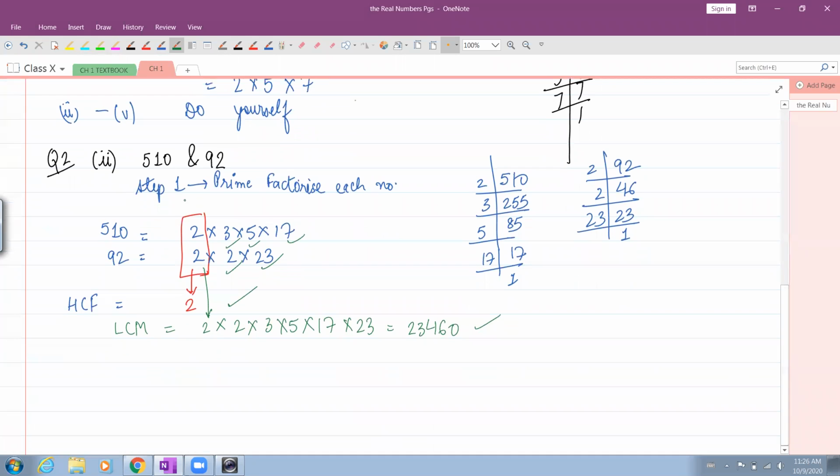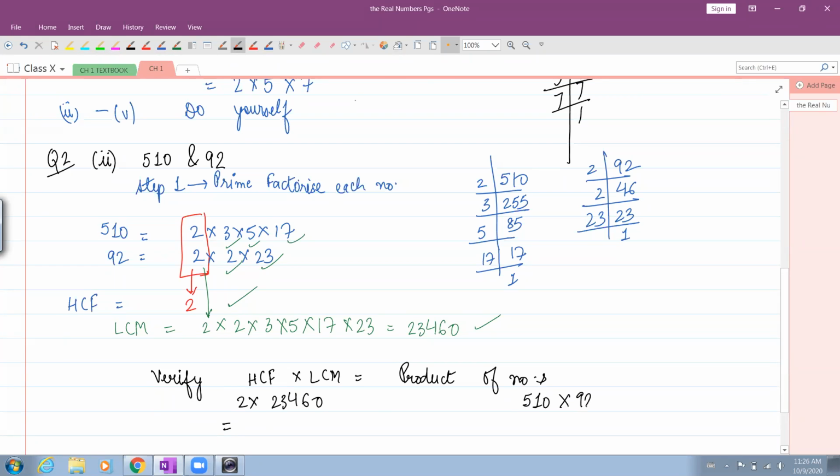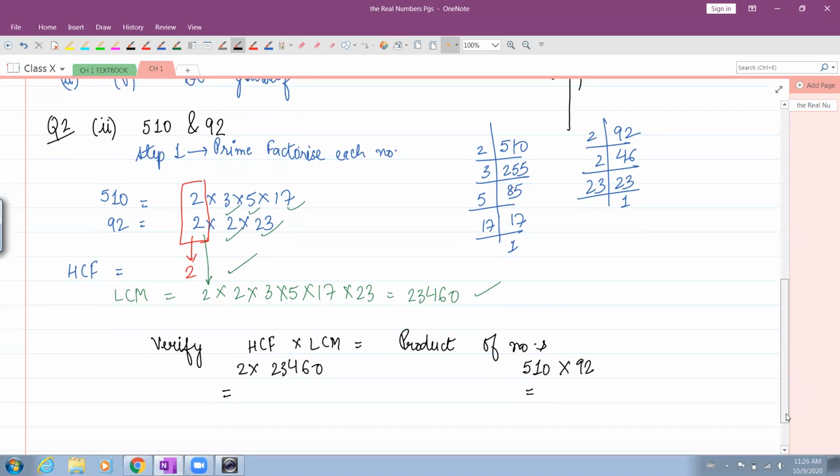And after this, we want to verify the result that HCF into LCM is equal to the product of numbers. So let's multiply the HCF with the LCM, 23,460 on one side, and on the other side I'm going to multiply the numbers themselves and see if the answers match.